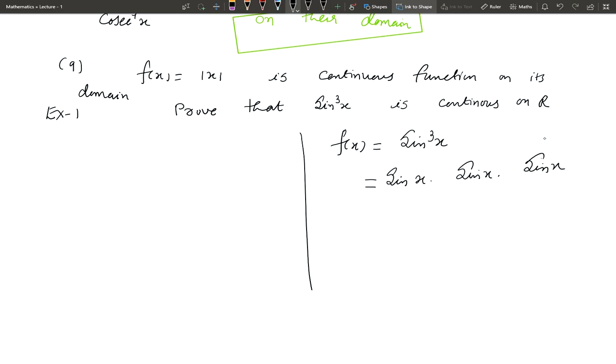We know that if f and g are continuous at x equal to c, then f into g is also continuous. So this is of the form h into g into t. H is continuous, g is continuous, t is continuous. Then by the algebra of continuous functions, sin x into sin x into sin x, that is sine cube x, is continuous. This is method 1.